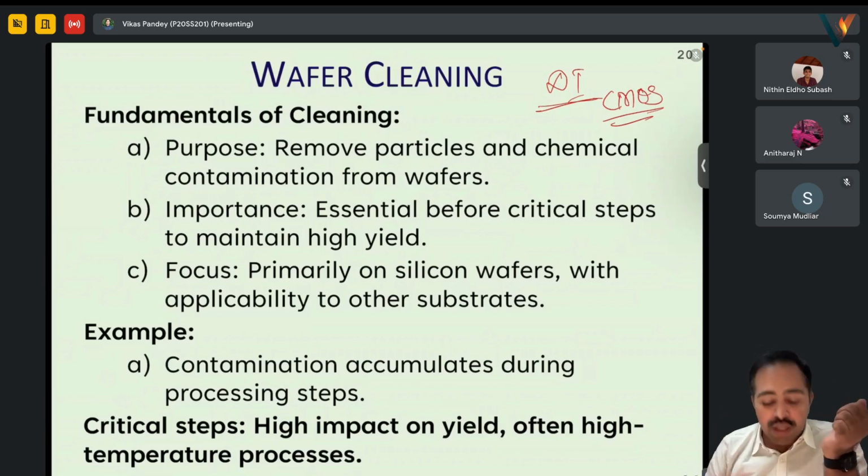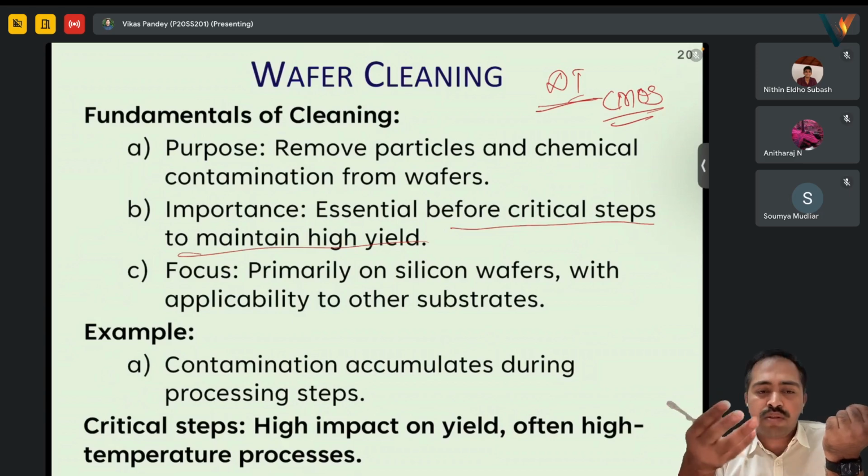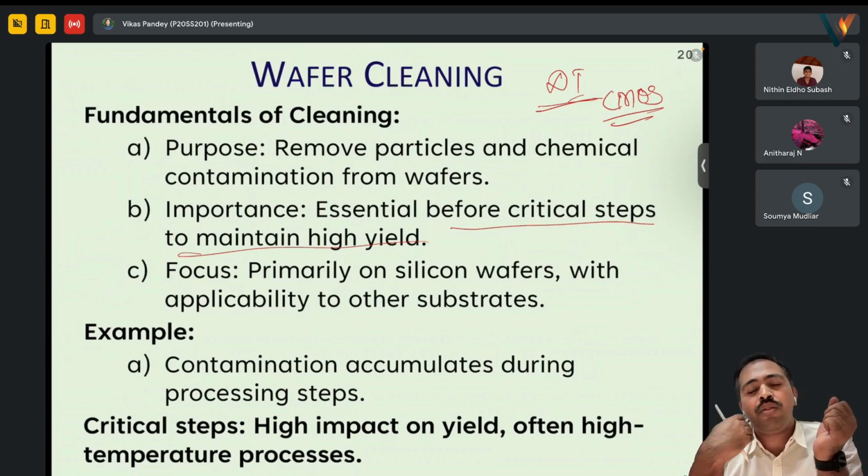Very important for any critical step so that we get good quality of devices that we make. Our focus primarily is on silicon wafer, and a similar thing can also be done for other wafers. If you are doing the wafer cleaning well and in a clean environment, your chances of getting good devices increases a lot.